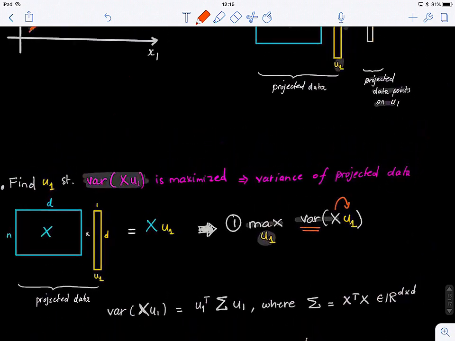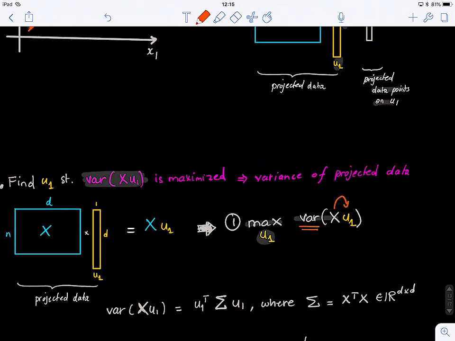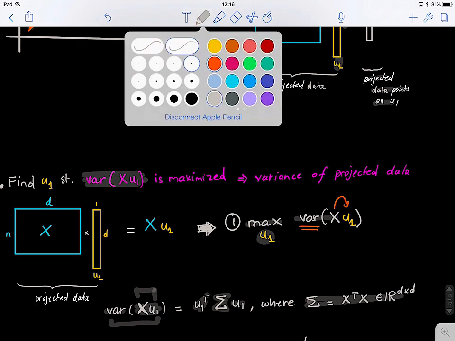So next, we define the variance of xu1. Here, this is a very interesting thing. It turns out that the variance of xu1 is defined as u1 transpose times the covariance matrix of x times u1, okay? So this is the covariance matrix of the data x, and I can normalize it here, just to make things right.